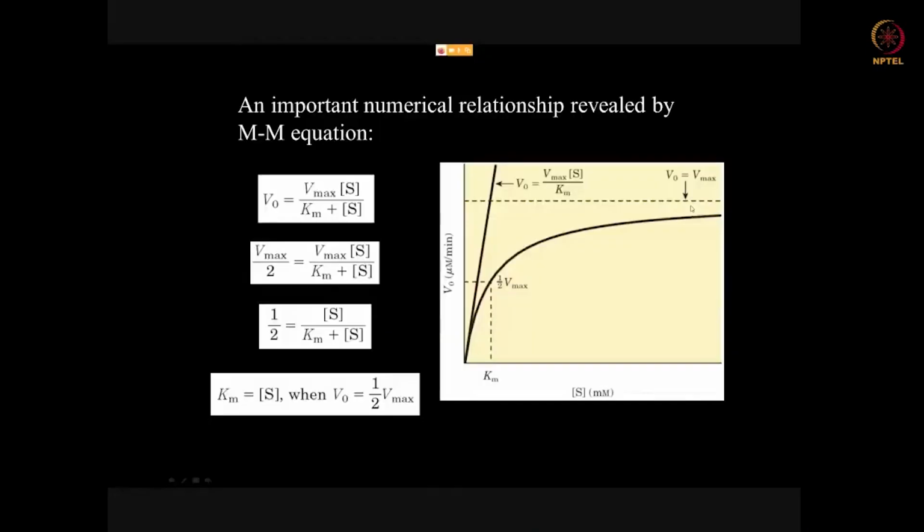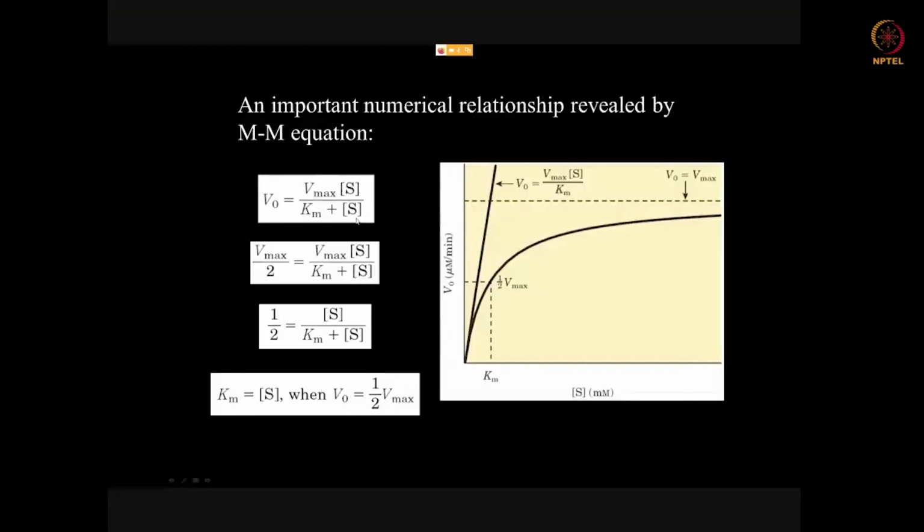In the early phase, your substrate concentration is extremely low, like if you take this portion, and therefore Km is a lot greater than S, and compared to the Km value, S may be ignored. If you ignore S, then this equation becomes like this. So these two are going to be constants. That means velocity is going to vary linearly with respect to substrate. As substrate increases, V0 increases. So you see a linear relationship in this region of this graph.